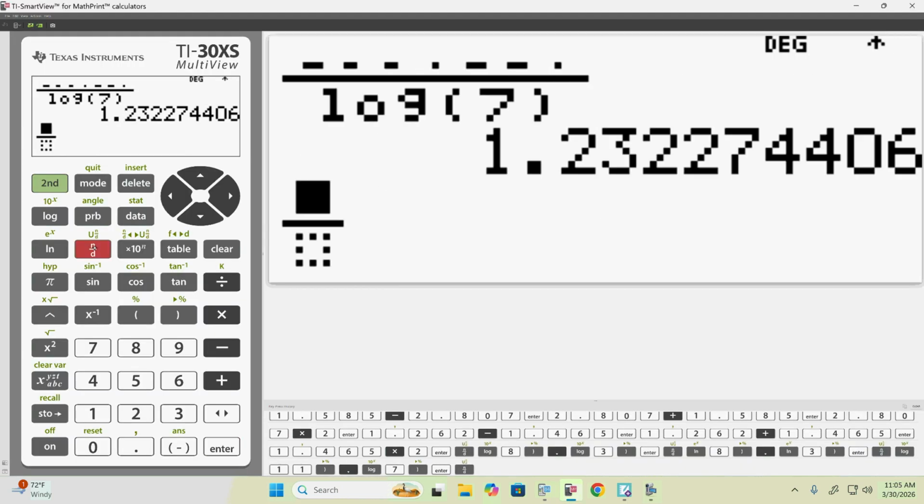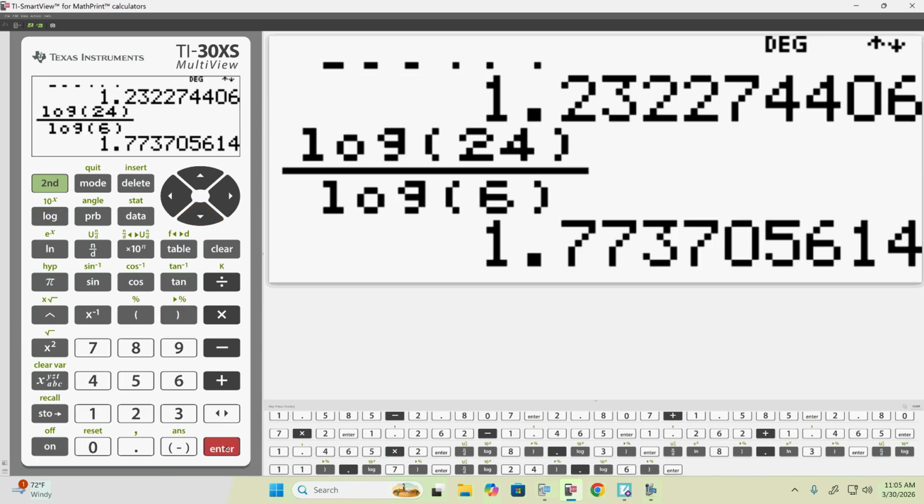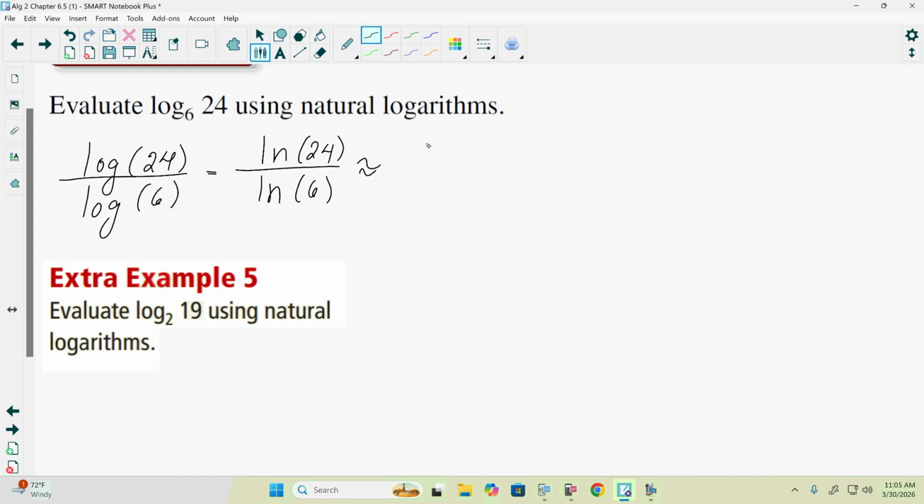And luckily for us, we don't have a chart that we have to reference and look up. Log of 24 over log of 6 is 1.774. Questions on this here? Questions on any of this so far?